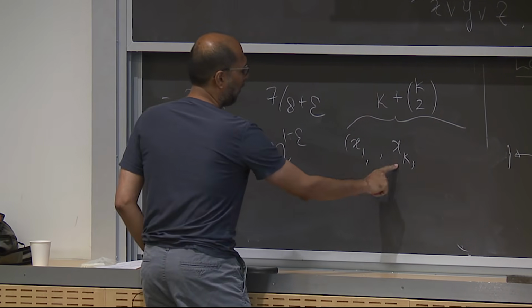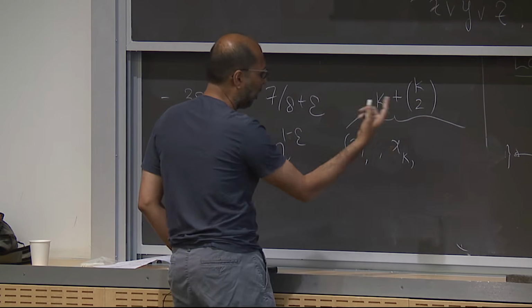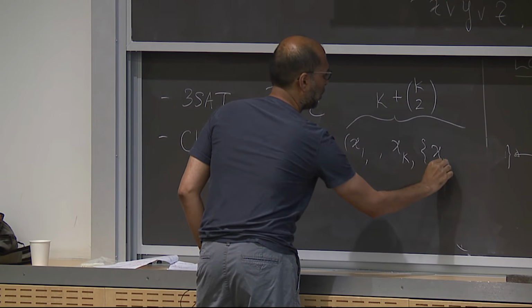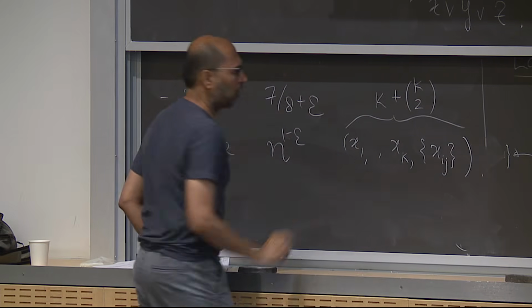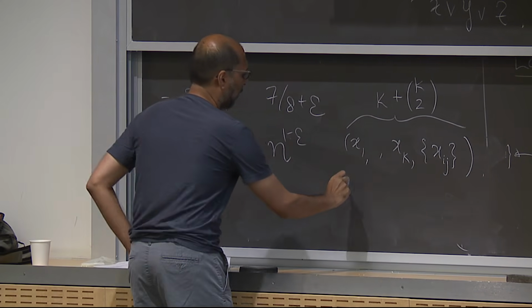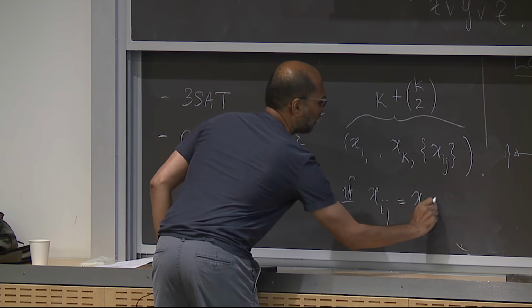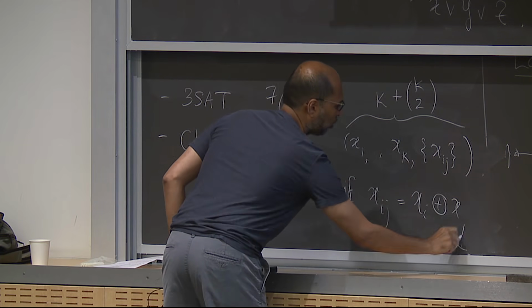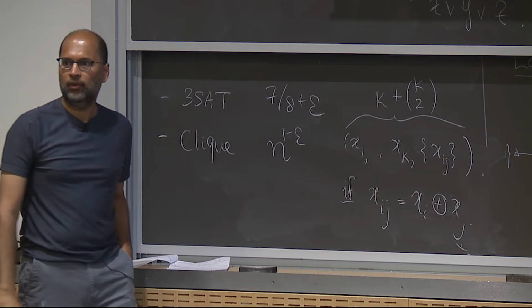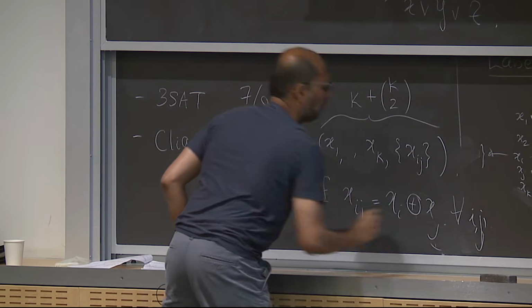There are first k variables, x1 through xk, and then k choose 2 is all pairs, and there are variables which are formally labeled as xij for all ij. A constraint like this is satisfied if xij equals xi or xj for all ij. This is just the type of the constraints.